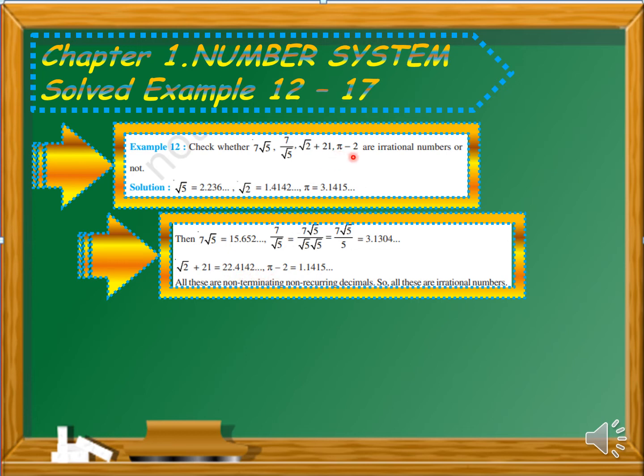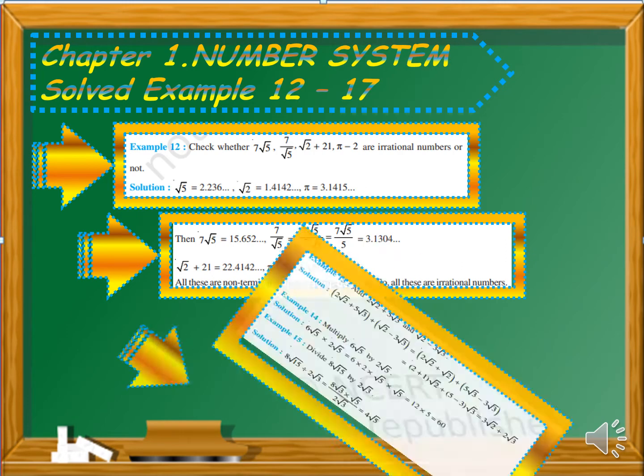Next is pi minus 2. Pi value should be substituted and we have to subtract that number. After subtracting, we will get it as 1.1415 dots. So you can see all the answers are non-terminating and non-recurring, and that is said to be irrational numbers. So these all are irrational numbers.